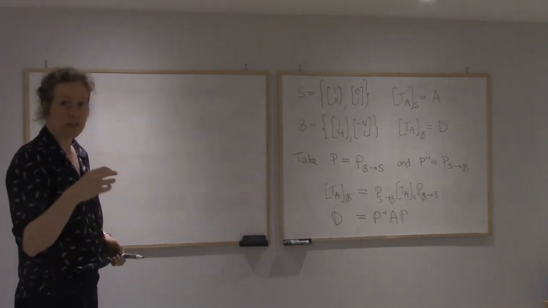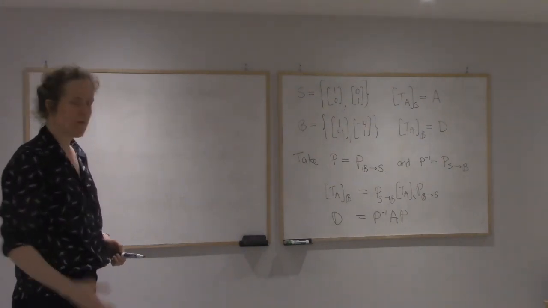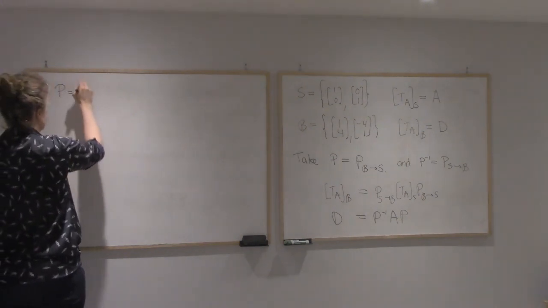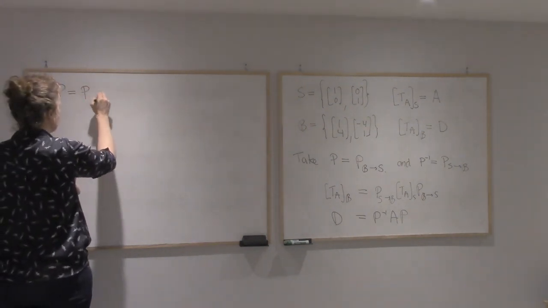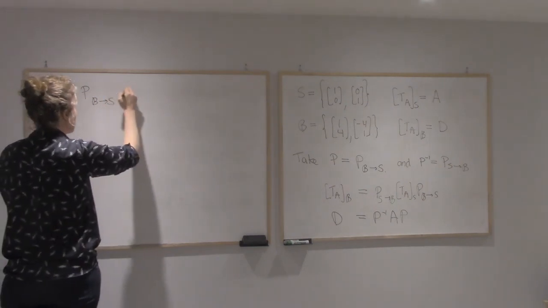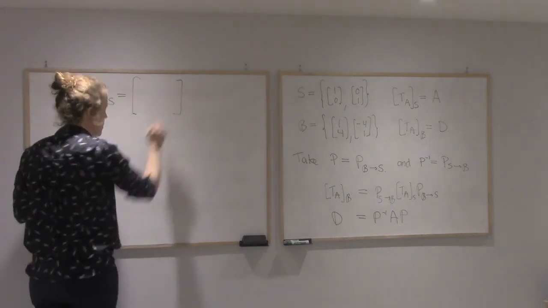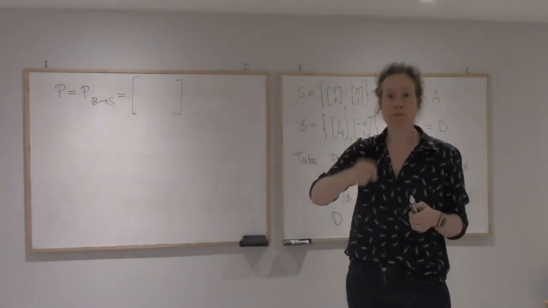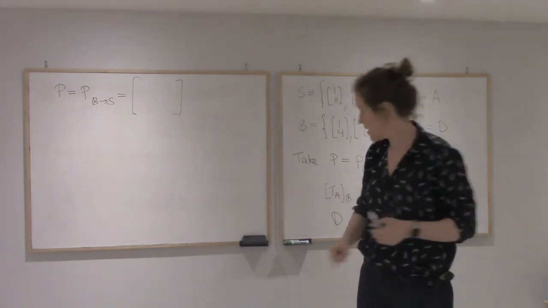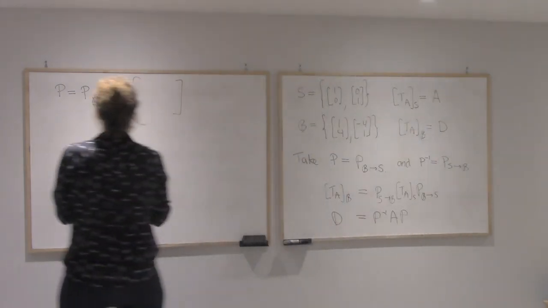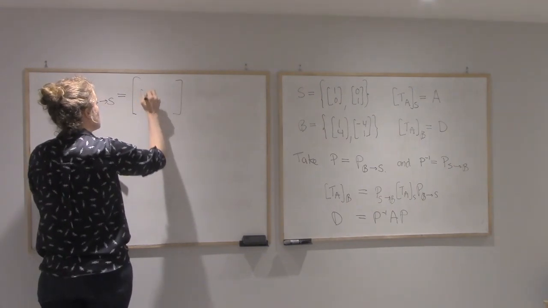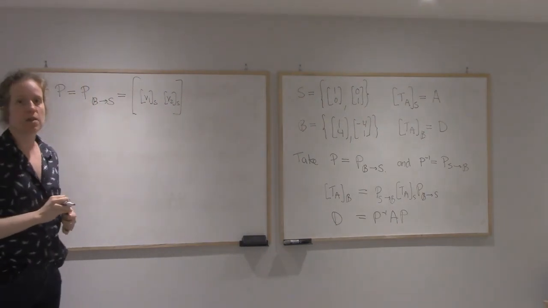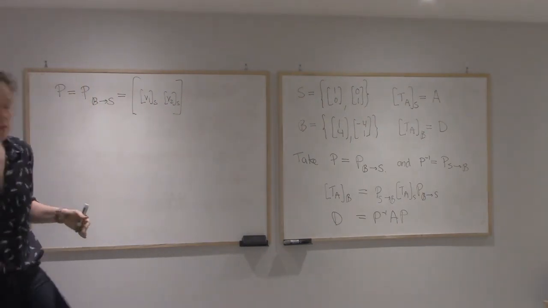All right, so let's find P in this case. That again, we'll use your memory a bit. So P is the linear transformation from B to S. To find that, you take every single element of the basis B and you write them in the basis S. Now, in this case, we're lucky.